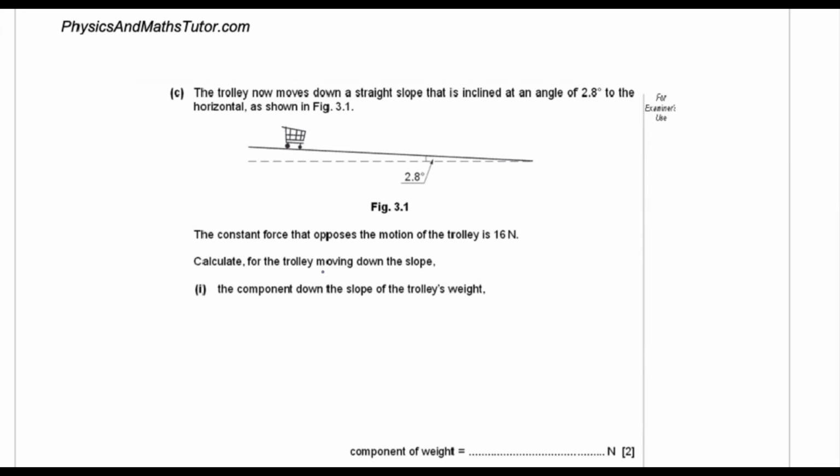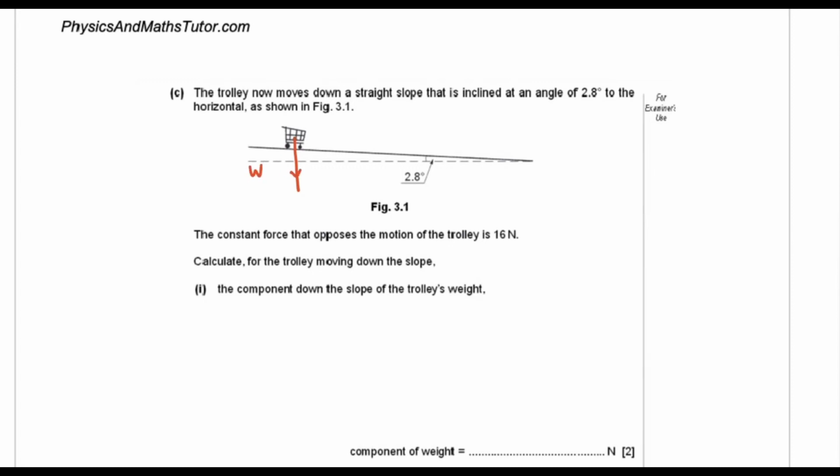Calculate, for the trolley moving down the slope, the component down the slope of the trolley's weight. So that means you have to do resolution. Something like this. Going down is W.